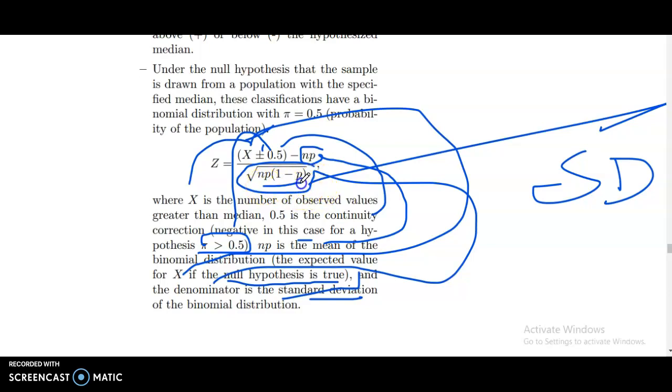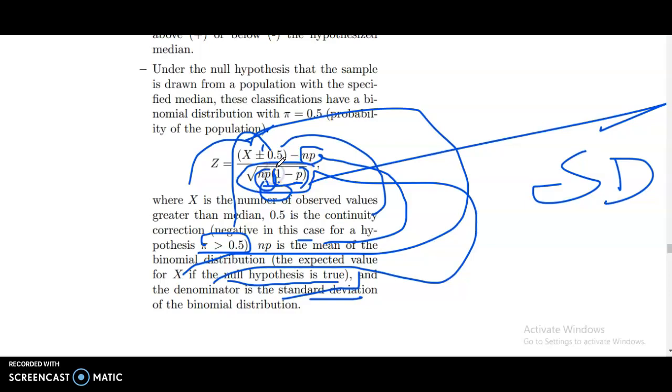For the standard deviation, we multiply np, the number of samples times the probability, by 1 minus the probability.